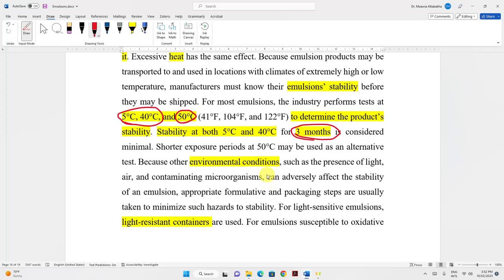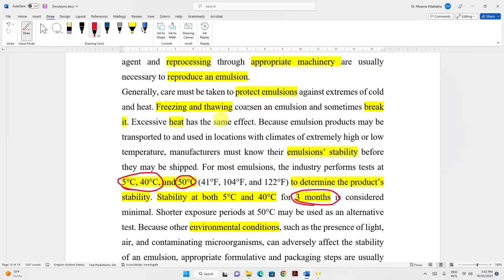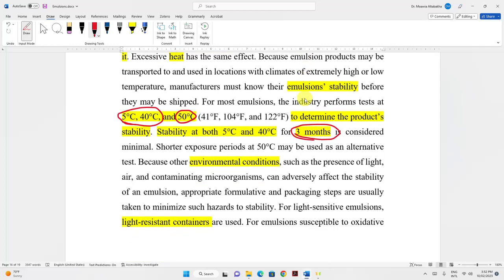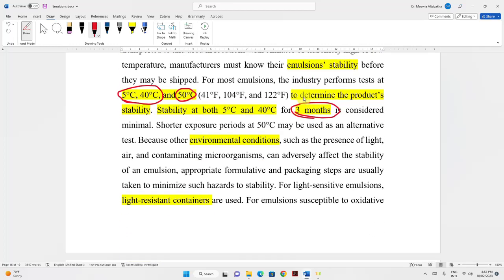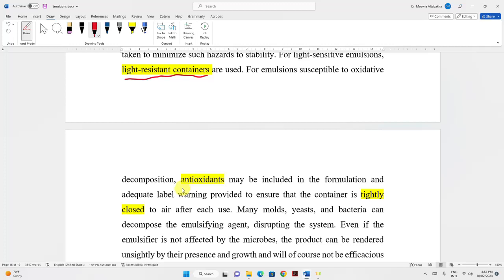Another thing that can affect the stability other than the environment, whether it's hot or cold, is light. Some emulsions may be affected by light, and in this case, if it is a light sensitive emulsion, then it should be stored in light resistant containers. Some emulsions may be susceptible to oxidation. In this case, you need to add antioxidants, and put it in a tightly closed container.